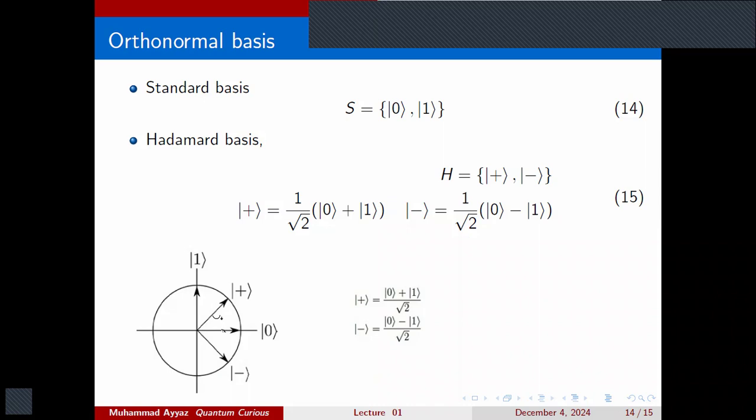But they are orthonormal to each other, and this could be verified by taking the inner product of plus and minus, and we will see that we end up with the answer 0. So in a two-dimensional vector space, or in the case of quantum bits or qubits, we can use these two basis sets to describe any vector. And this depends upon our goal and the condition we want to achieve in our experiments.